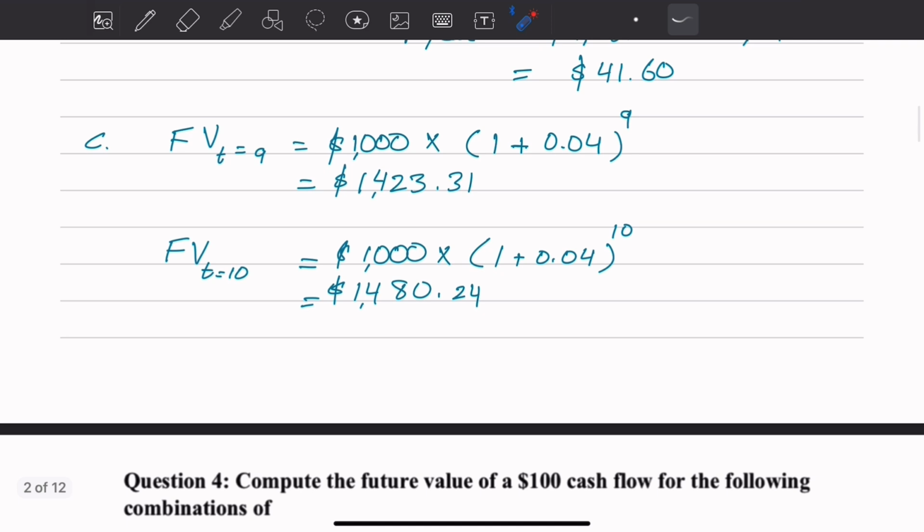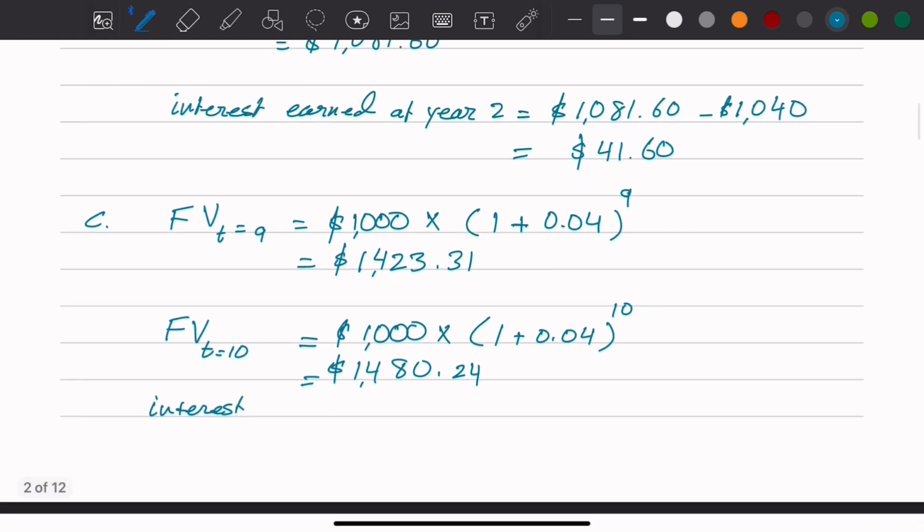Okay? So again, we'll say interest earned at year 10 is going to equal 1480.24 minus 1423.31.